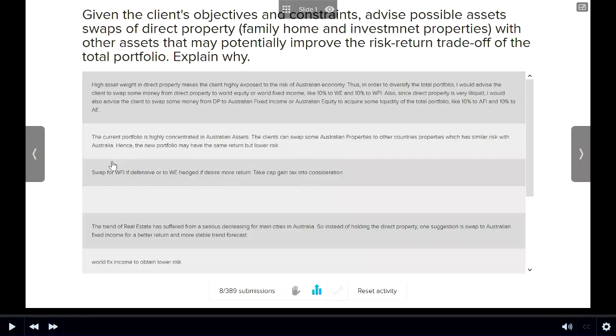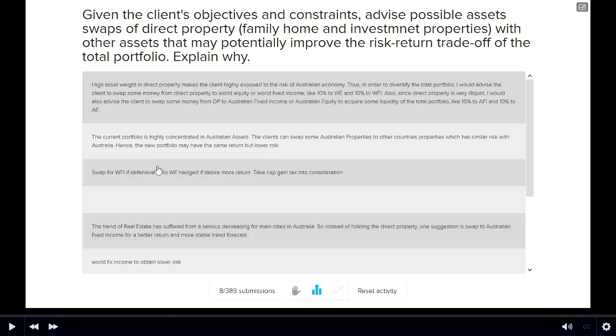So when we say swap for fixed income if defensive, so what's defensive? You can't just use the words arbitrarily. When we say defensive, in investment context, we say defensive stocks. So defensive assets, they probably have a lower correlation with the market than the cyclical companies, for instance, like building materials.